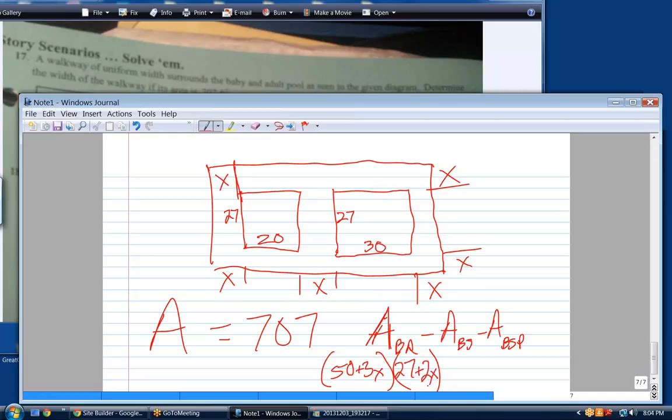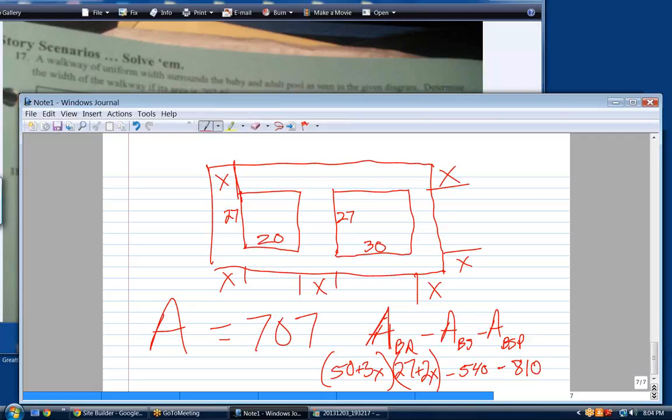Notice that gives us a quadratic minus the area of each of these. The area of that one looks like 540. I got too many zeros in there.